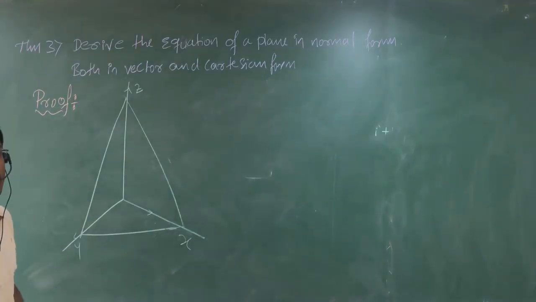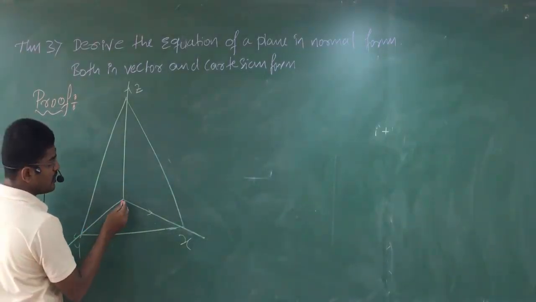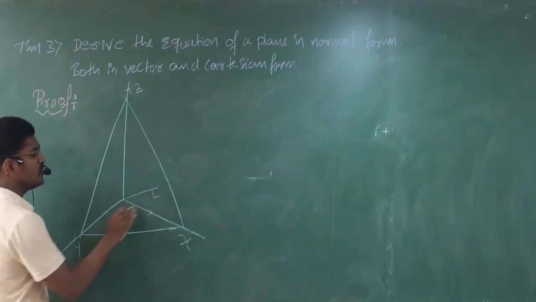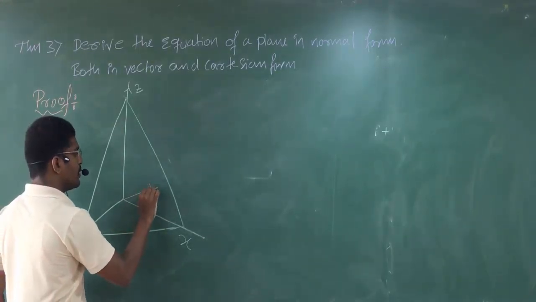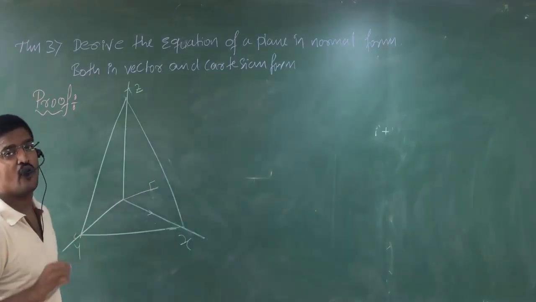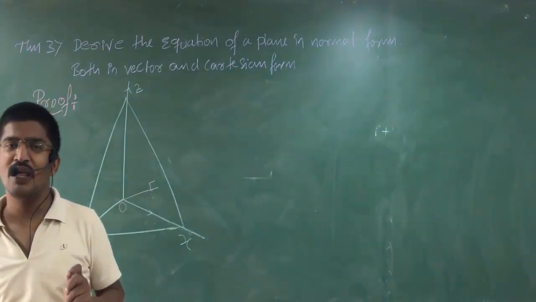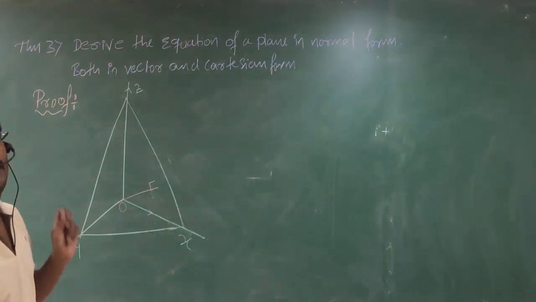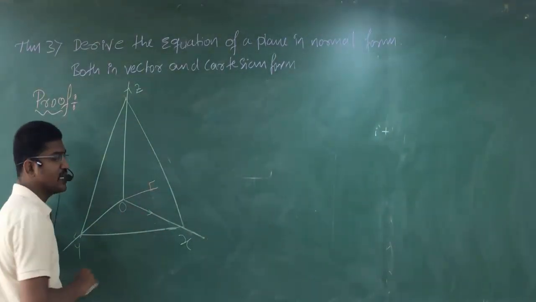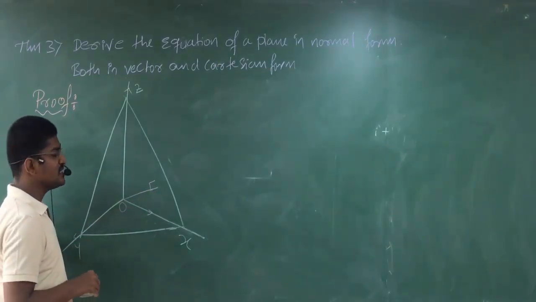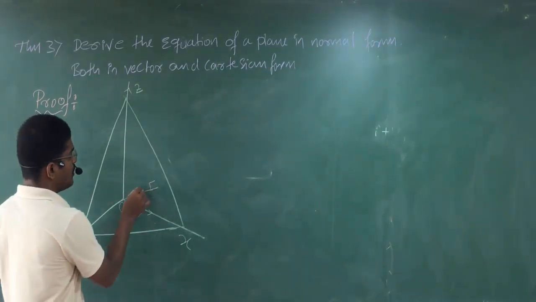This will be the plane and let us draw the normal. So this will be the normal to the plane. Normal to the plane means the perpendicular vector drawn to the plane from the origin will be called the normal of the plane.